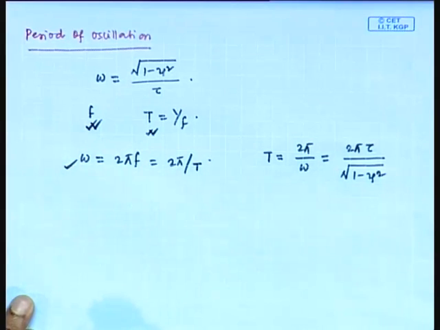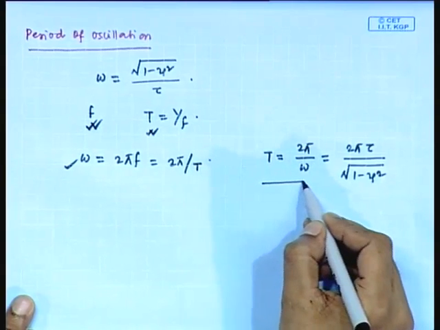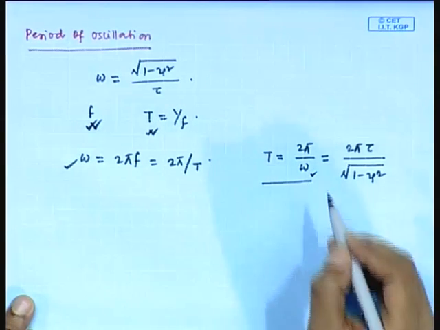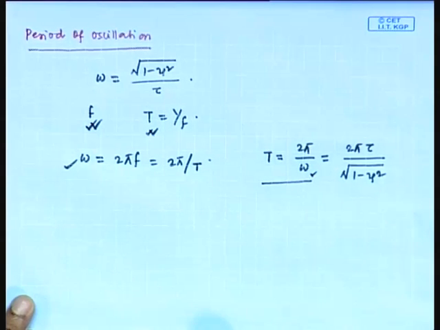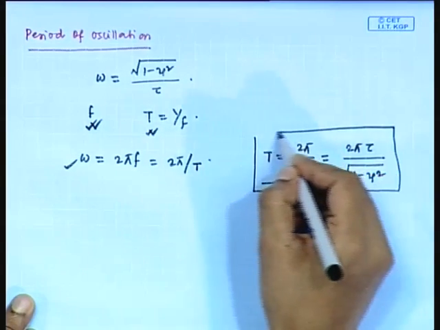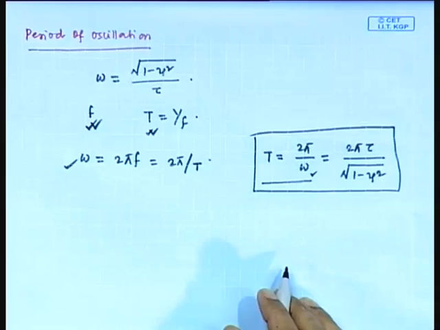Omega equals 2 pi f, means 2 pi divided by T. Finally, we can write the period equals 2 pi by omega, and here we substituted the expression of omega, and we finally get the expression for the period. Fine.